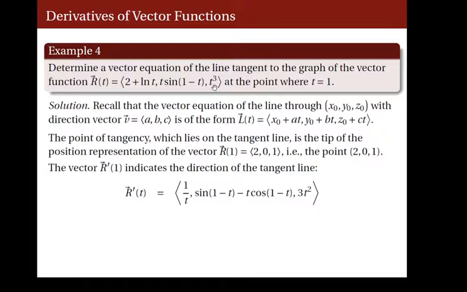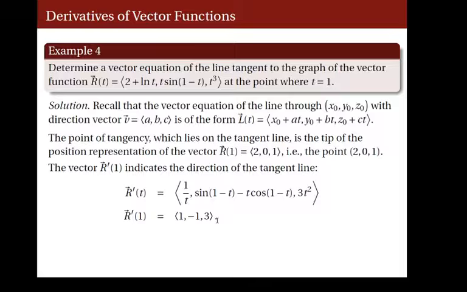And finally, for the derivative of t cubed, we have 3t squared. And so all we need to do now is to evaluate this derivative at t equals 1. And so we will get r prime of 1 equal to 1, negative 1, 3. Kindly verify that indeed the derivative of r evaluated at 1 is this vector.